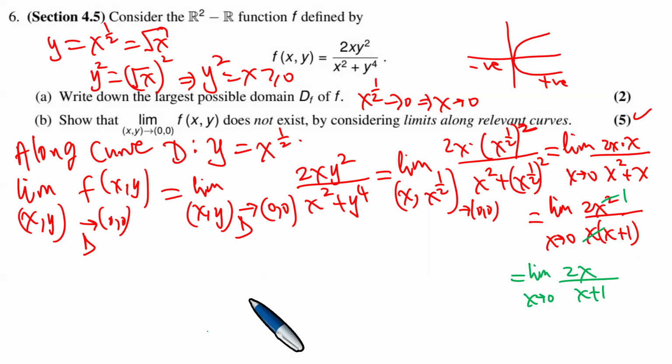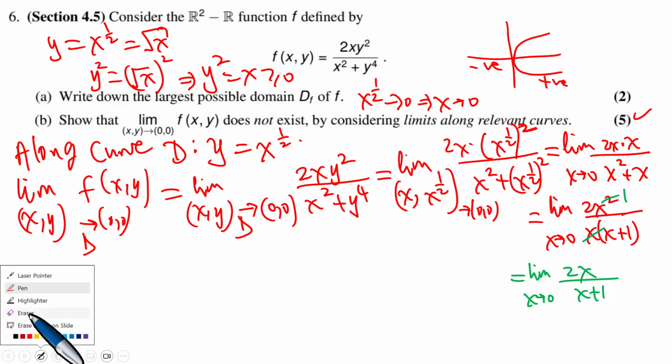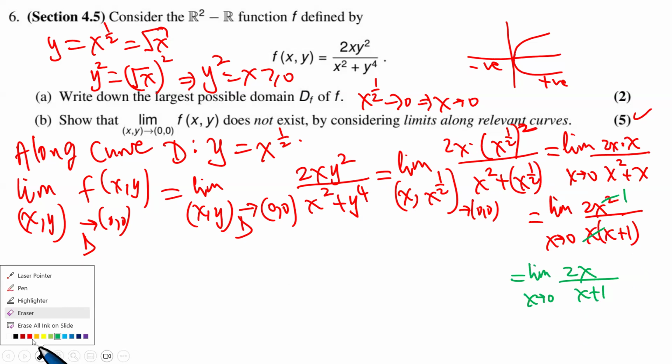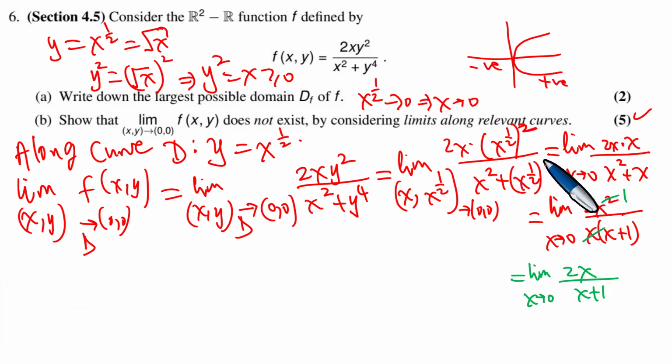I made a mistake here. This one is to the 4th power, so this must be 4. This is x squared, but this is to the 4th power. I'm wondering why it's the same 0, because I'm expecting this answer to be different from the previous one. The previous limit you got to be 0, so because it does not exist, you must choose a curve that is going to work.